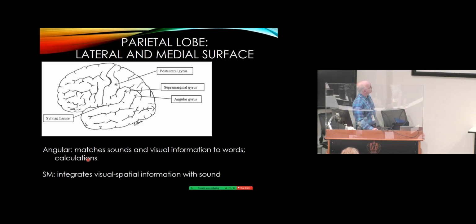So when we see patients that have a small lesion here, and I'll tell you about that condition later, they can have a sudden drop in math skills. The first patient I saw with this was a calculus teacher who came in kind of confused and was very poor at math in the emergency room. And his lesion was right here in the angular gyrus.